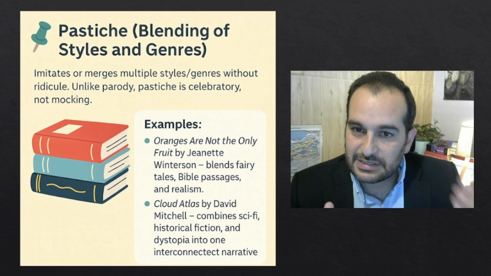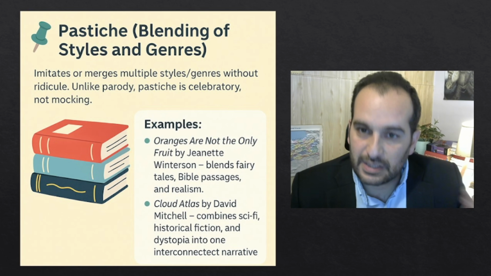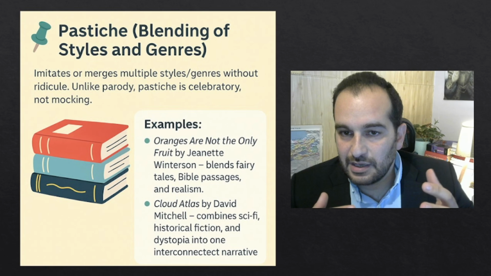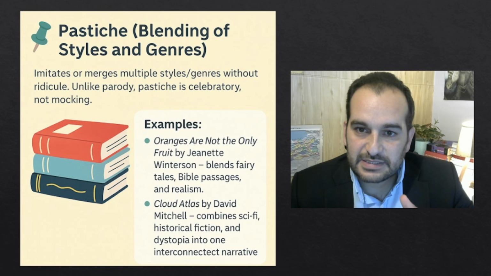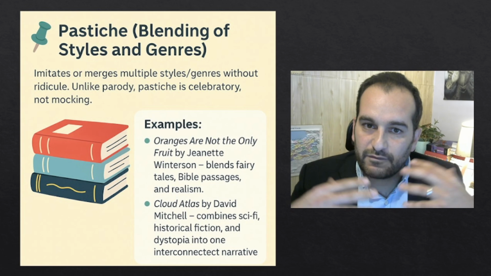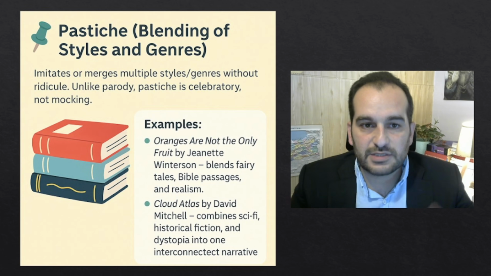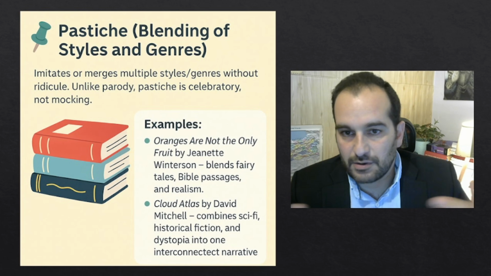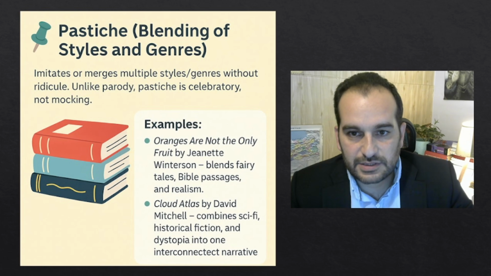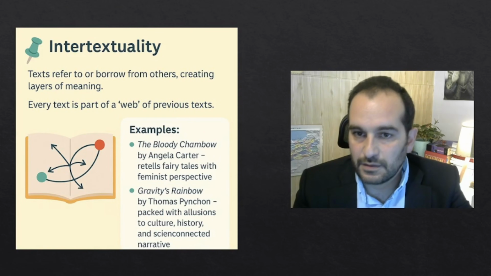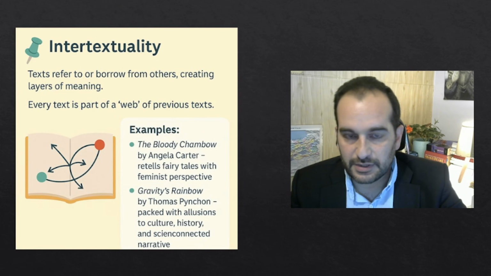Parody uses the style or the story to mock it or to humorize it. Meanwhile, pastiche is the merge of two styles, two genres without any mockery. So this is pastiche.